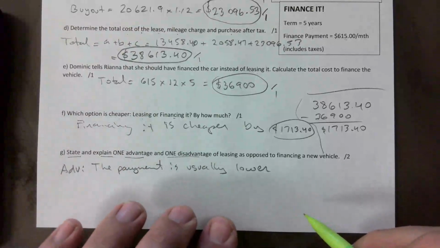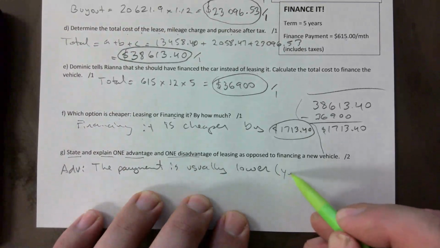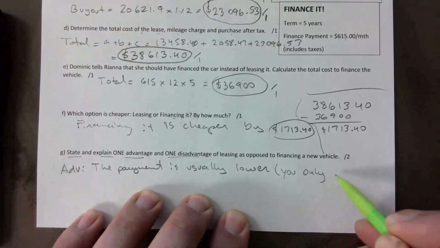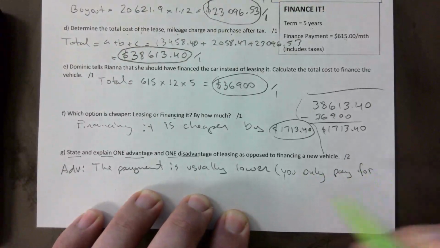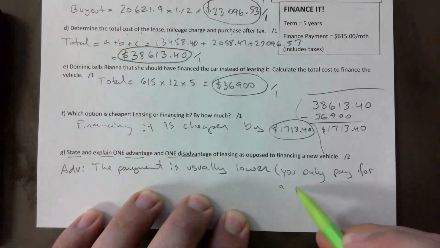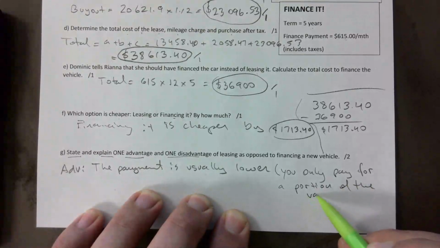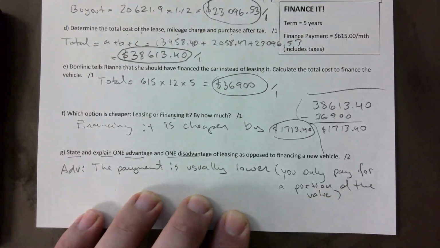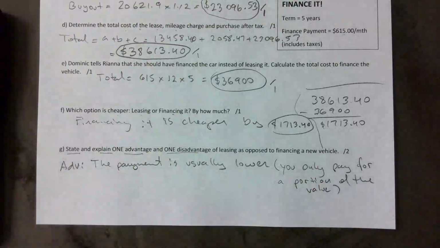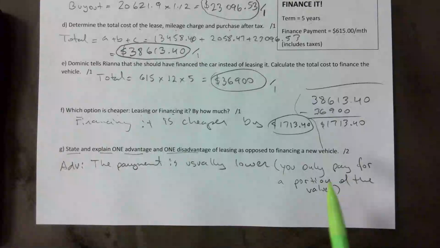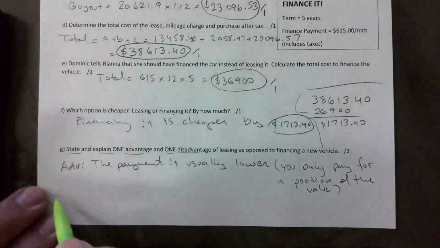Okay? You only pay for a portion of the value. If you want to really have it clear why the payment is lower, you're only paying for a portion of the value.